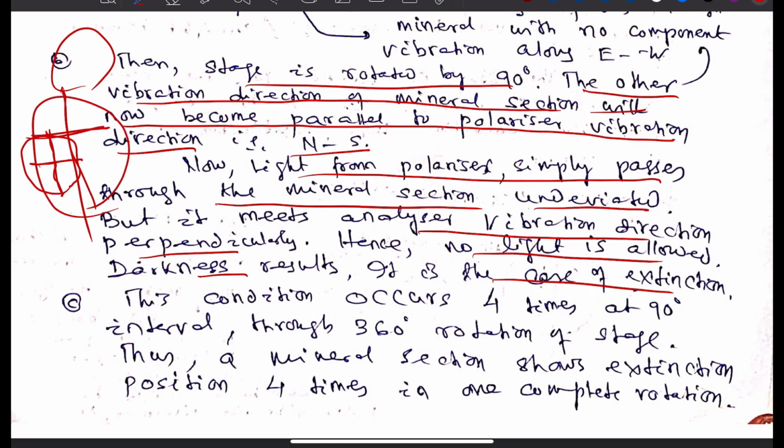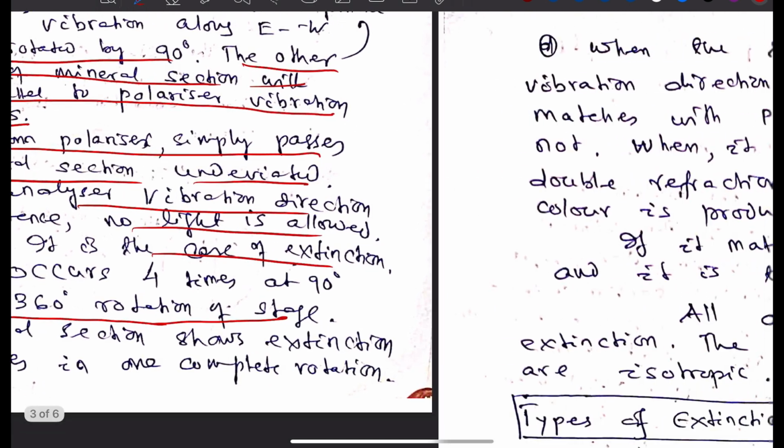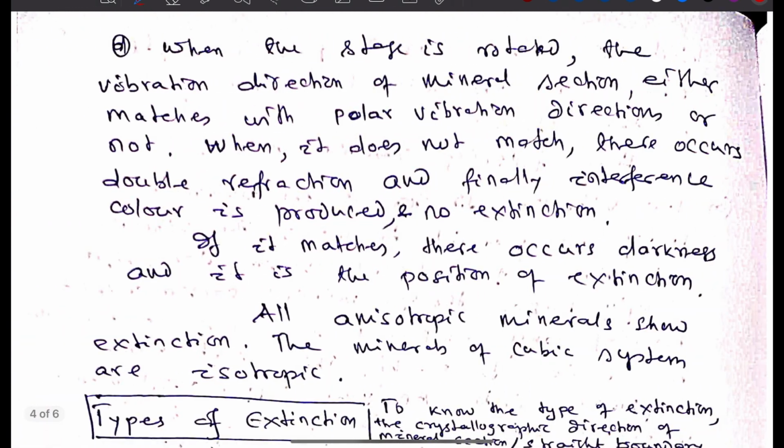That's why when you rotate the stage by 360 degrees, the vibration direction of the mineral section will coincide with the polar vibration direction 4 times, and in those conditions there will be darkness or extinction. Therefore it is said that the mineral sections display the extinction position 4 times as you rotate the stage of the microscope through an angle of 360 degrees.